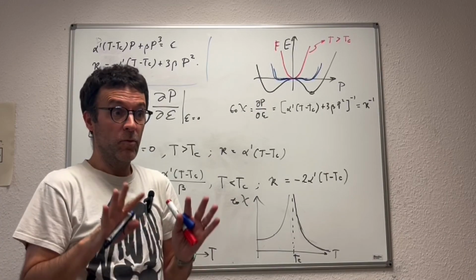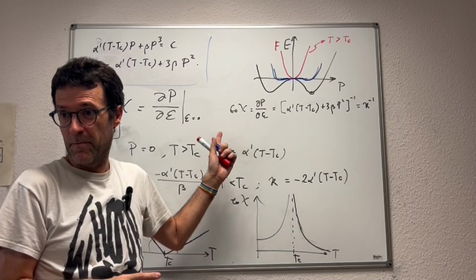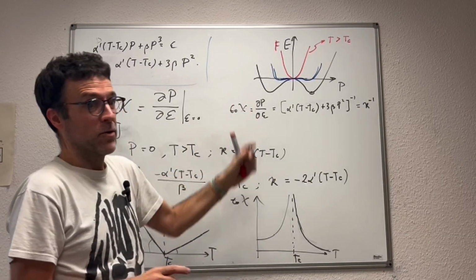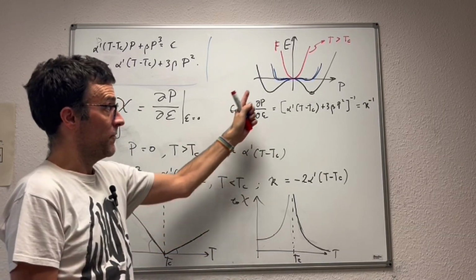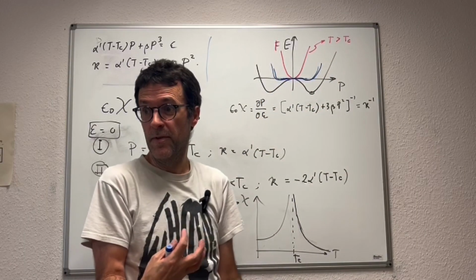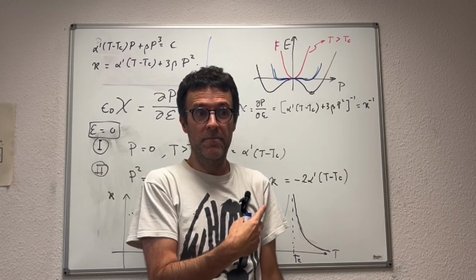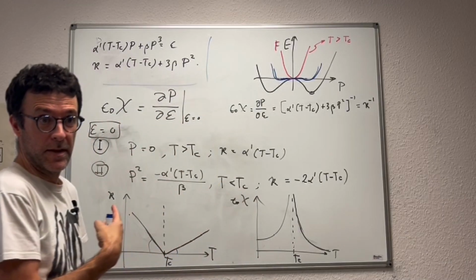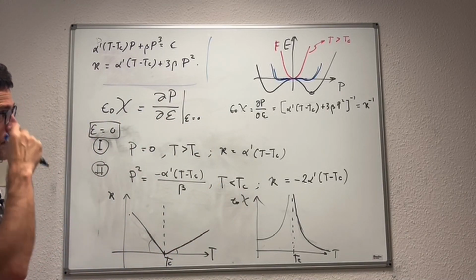But close to TC, we certainly still need the fourth order term, because it's not true that by applying an electric field we get infinite polarization. So there must be something that prevents the polarization from being infinite. And that is the fourth order term in the Landau potential. Okay?